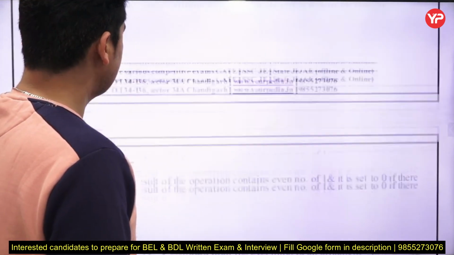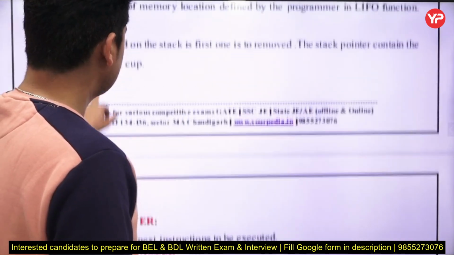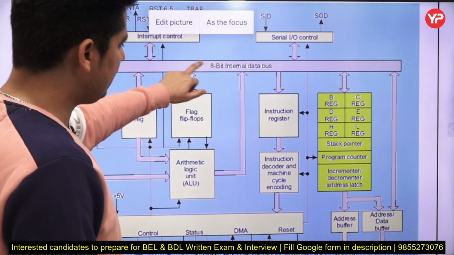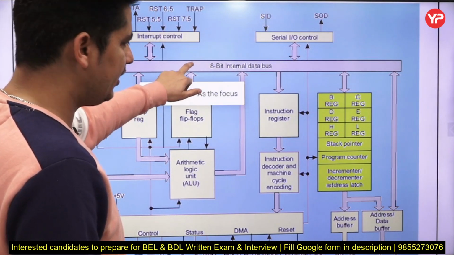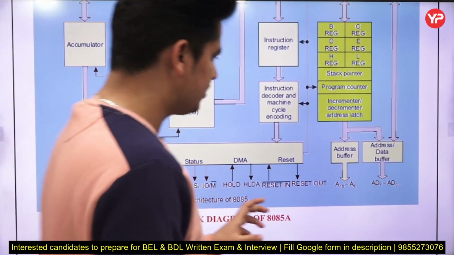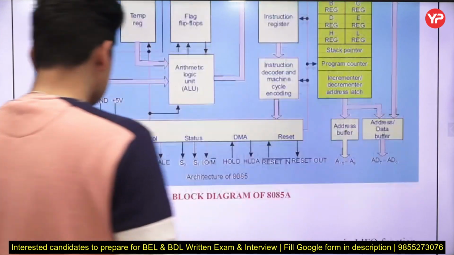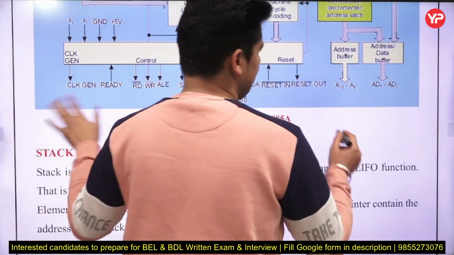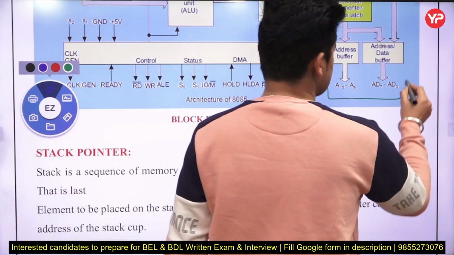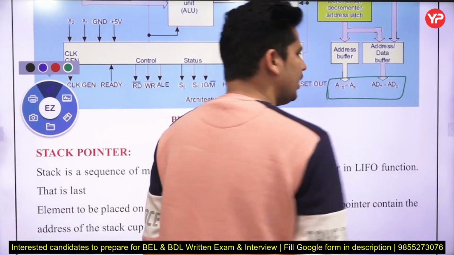Let us go back to the architecture. See, this is the 8-bit internal data bus, right? This combined becomes the address bus.